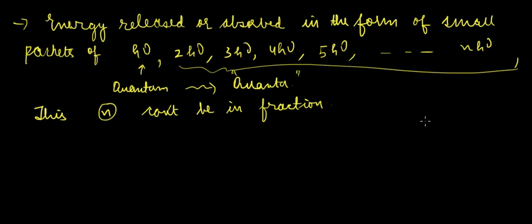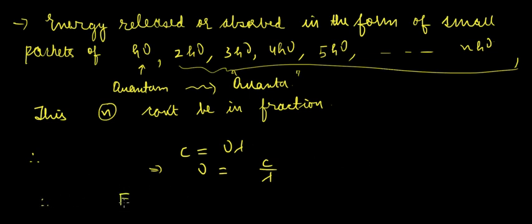Next, let's see, we know that the speed of light, which I'm denoting by c, is frequency into lambda, which is frequency into wavelength. Next we can derive that frequency would be nothing but speed of light divided by wavelength.